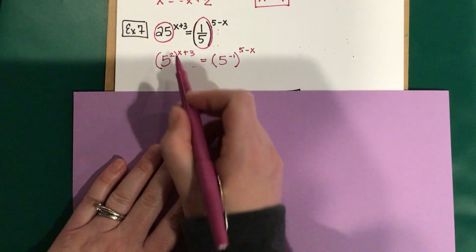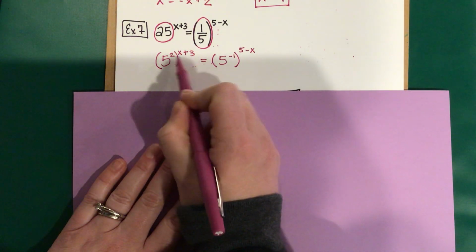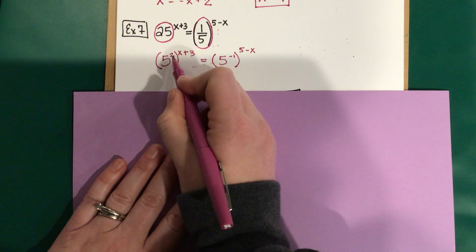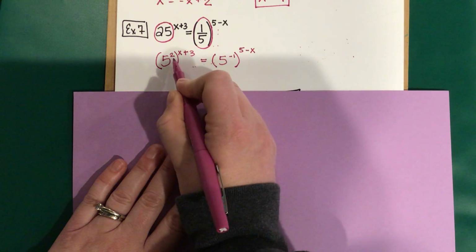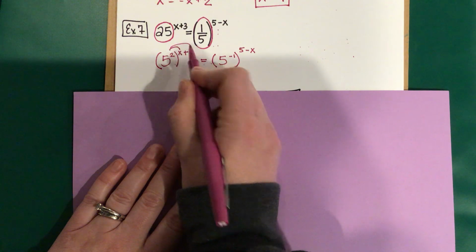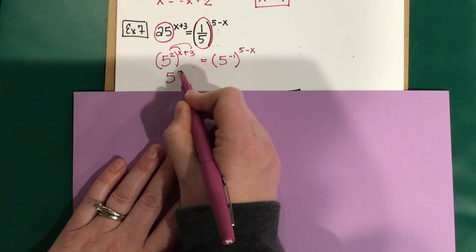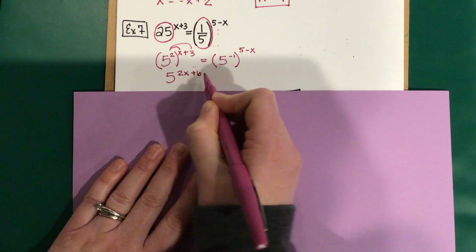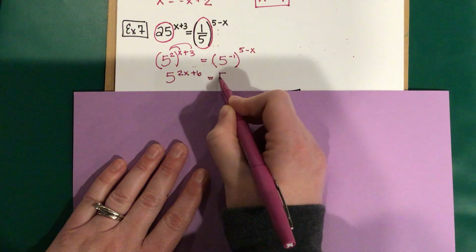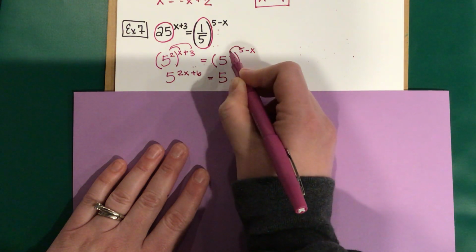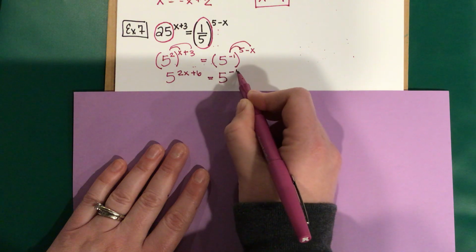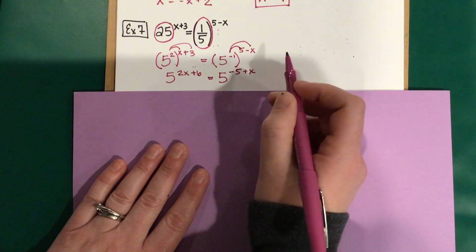So now I need to be able to simplify this exponent here. And so if I'm taking the power of a power, we multiply. So I need to distribute. So I have 5 to the 2x plus 6 equals 5 again, I need to distribute to the negative 5 plus x.